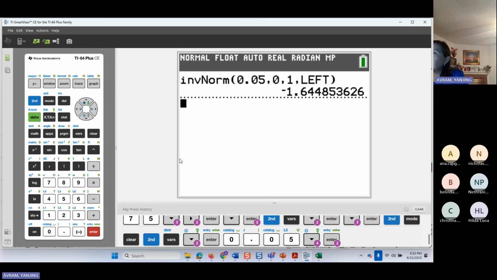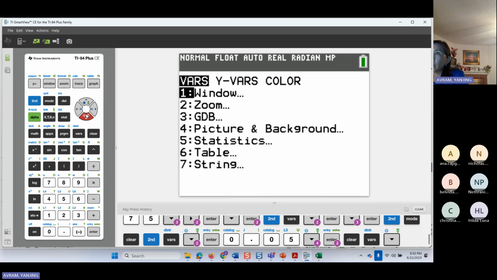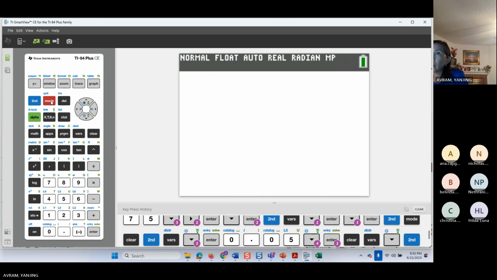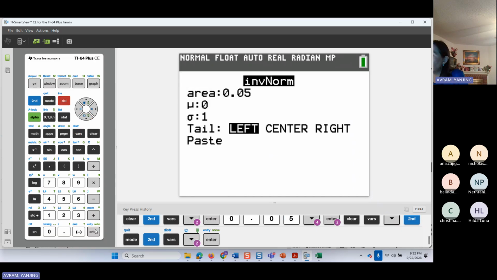If I'm tired of calculating all these, I just put it in a calculator. That's why I like to use the calculator. Second, go to distribution, the inverse norm, and I just say 0.9, the 90th percentile.